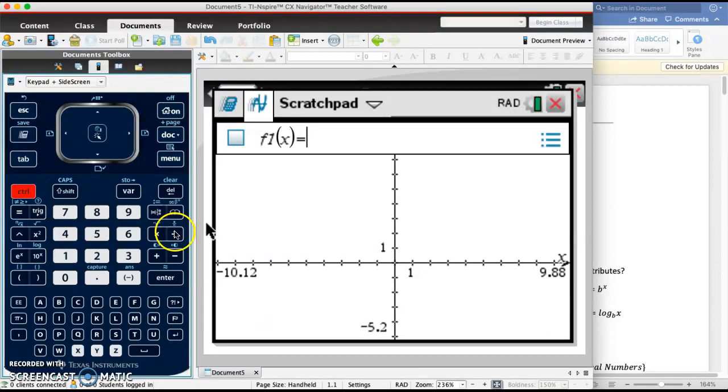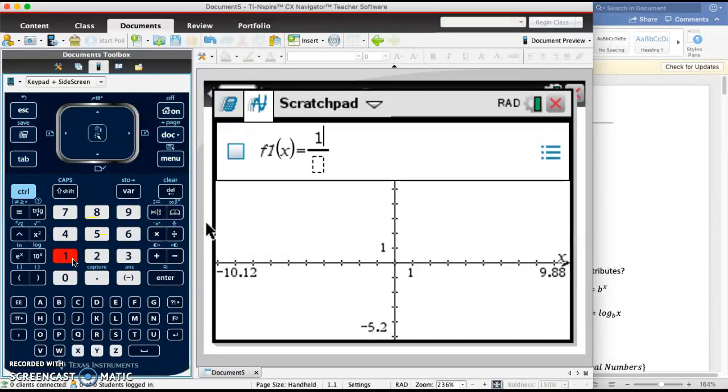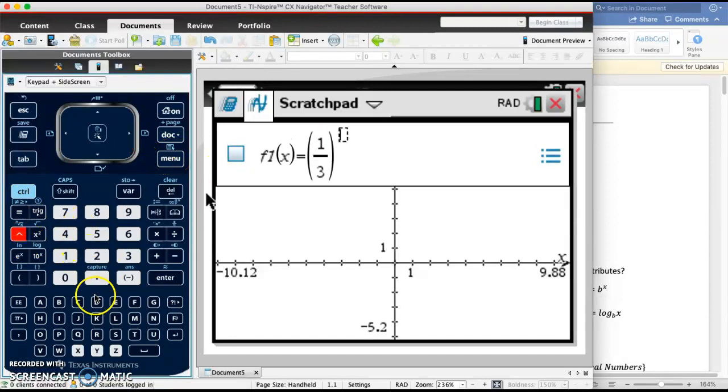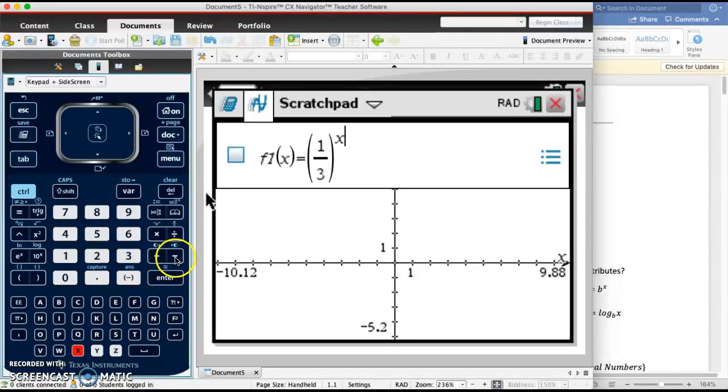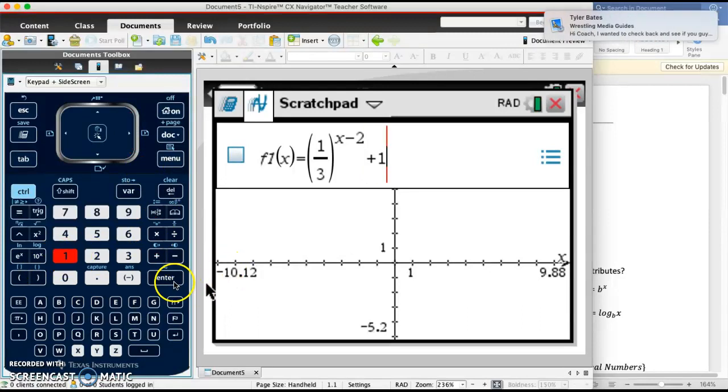So I press control 1/3, right arrow key, raised to the x minus 2 plus 1. I would press enter.